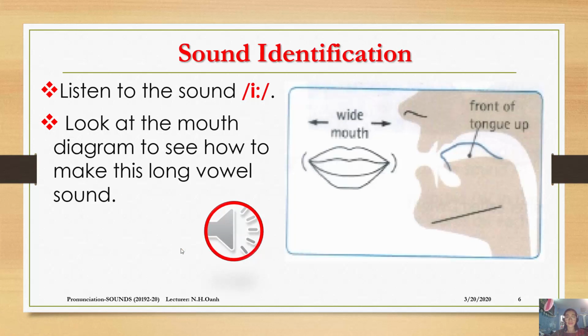E, E, E. Thank you. So we can see that we have to open our mouth widely to make the sound E. At the same time, the front of the tongue is moved up. So, E, E.